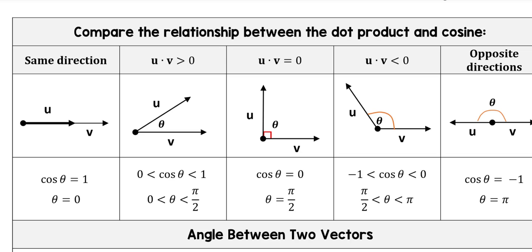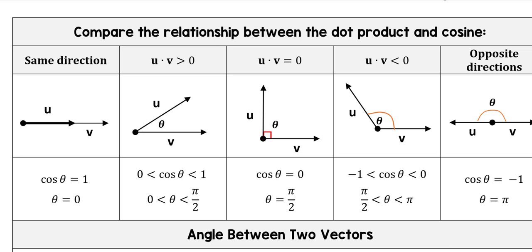Next, if the dot product of u and v is greater than 0, so a positive number, it means that the cosine is going to be somewhere larger than 0 but less than 1. So you're in the first quadrant. Next, if the angle between the two is 90 degrees, that's when the dot product is 0. And this in vectors is known as being orthogonal. It just means has a right angle.